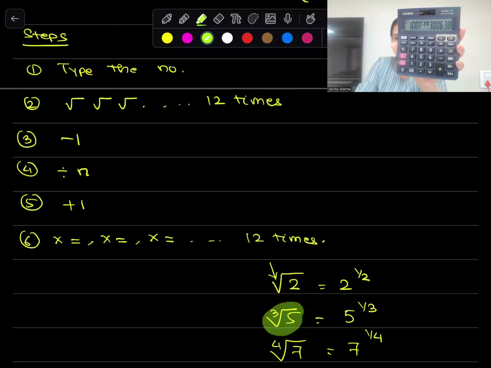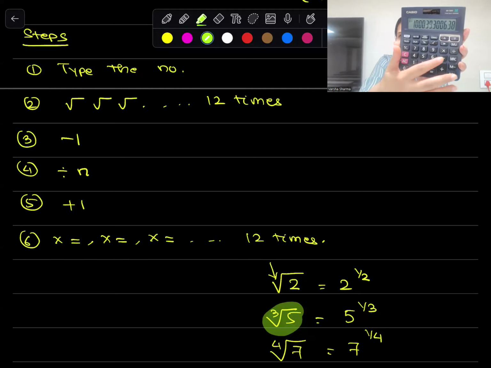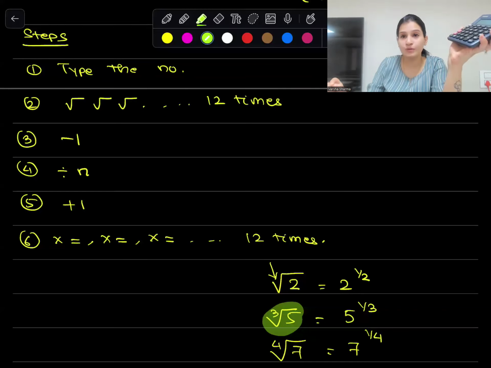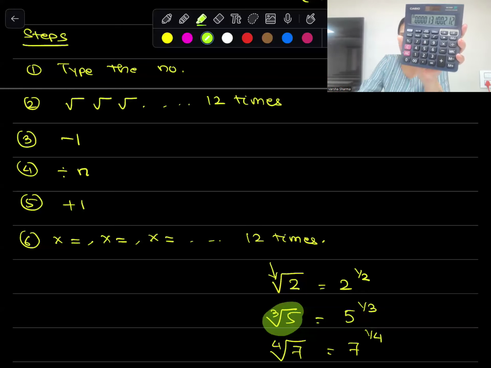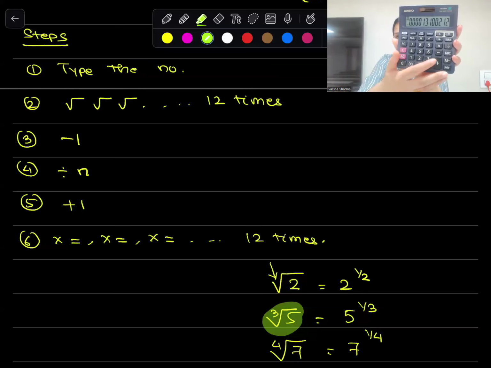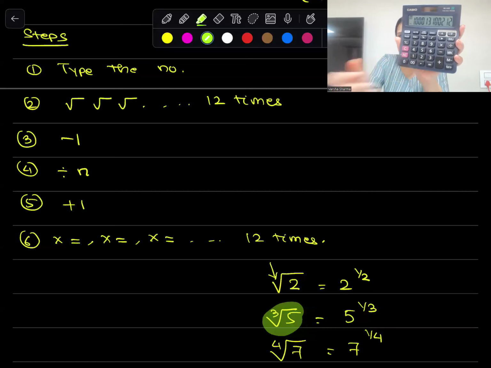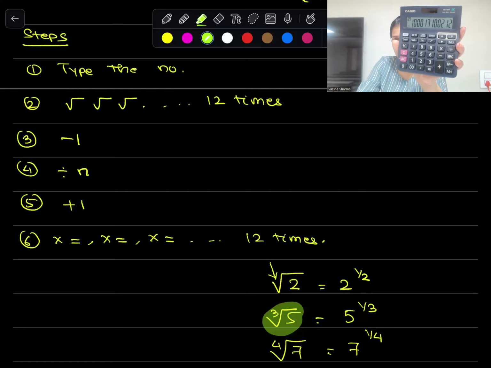Now subtract 1. Divided by which root do we want to find? We want the cube root, the third root, so I'm dividing by 3. Add 1. Now multiply equal to 12 times.